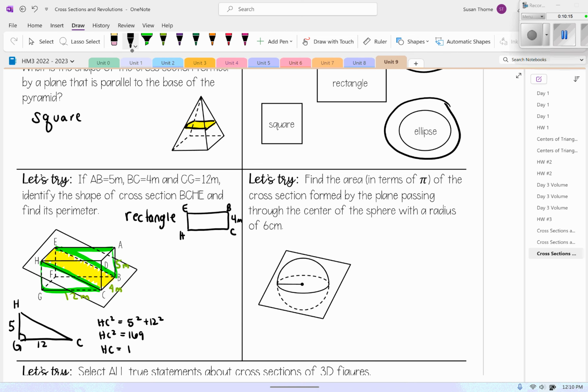So we get HC is equal to 13. So that means this is 13, this is 13, this is also 4. So then the perimeter is equal to 13 plus 13 plus 4 plus 4, which gives us 34 meters.